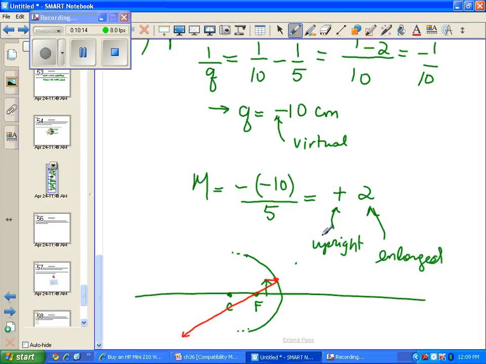Now, because we know that our image is virtual, we know that the image is going to form behind the mirror, we need to back trace our reflected ray. Second principal ray starts as though it's coming from the focus, so we orient it as though it was in line with the focus, and reflects parallel to the principal axis.